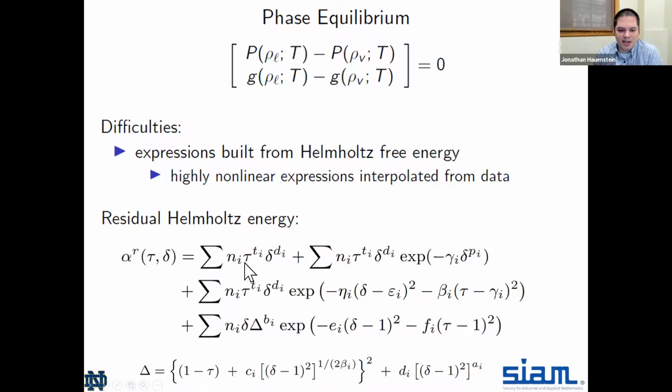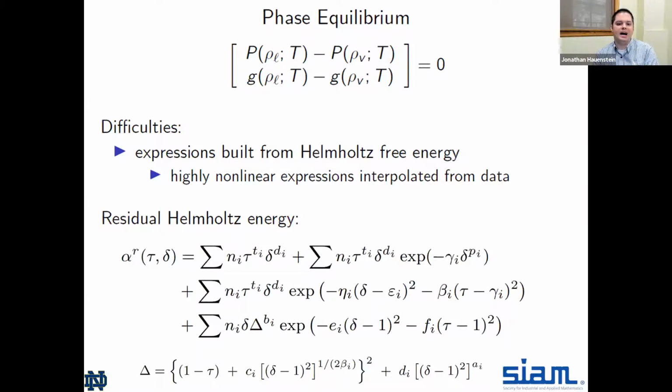This is where the main difficulty comes in, because these are highly nonlinear. Your variables here are tau and delta. You're going to have some exponents that are real but may not be integers. You have the exponential function, again not polynomial. You have some roots down here, so you have to take some roots, maybe to a non-integer power.